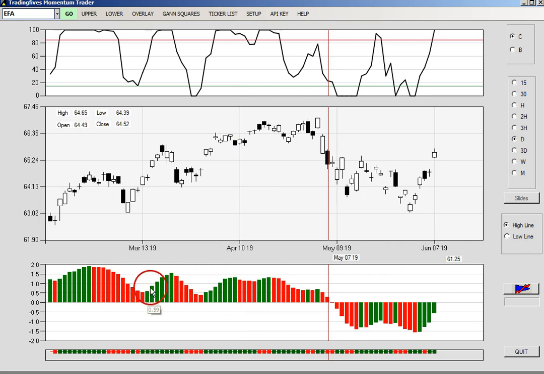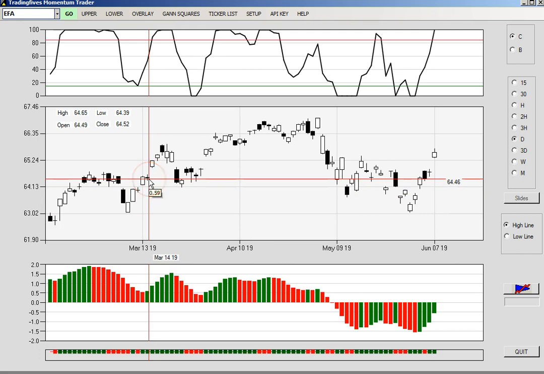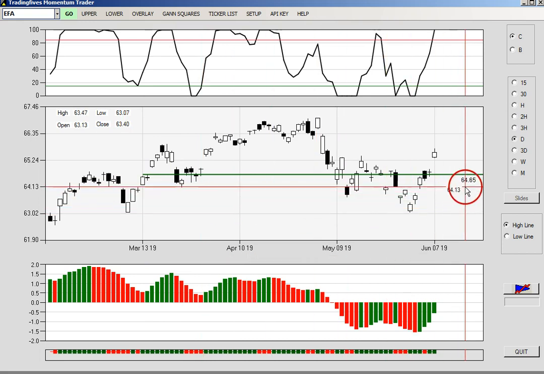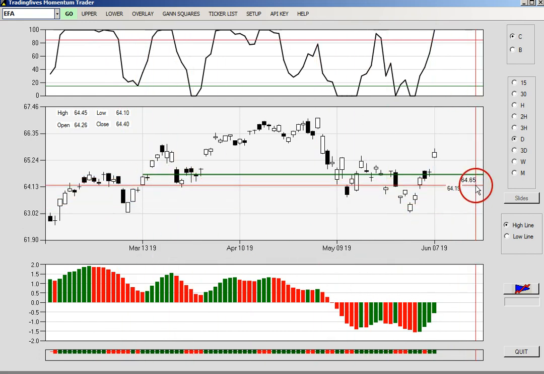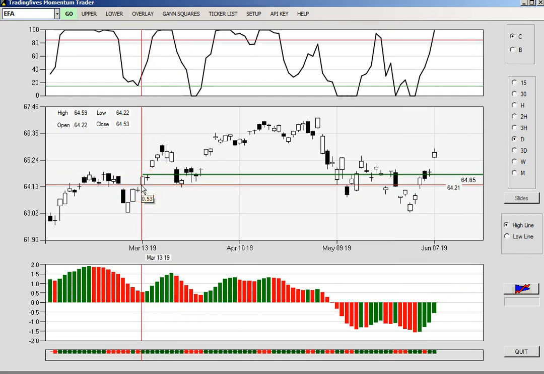And because it's a green bar above the zero line, it's going to be a buy condition. So we want to see what price level we'd be interested in. And in this case, it's if the next bar prints higher than 64.65, do we want to take the long trade or pass on it? That's the condition that we're interested in right now.